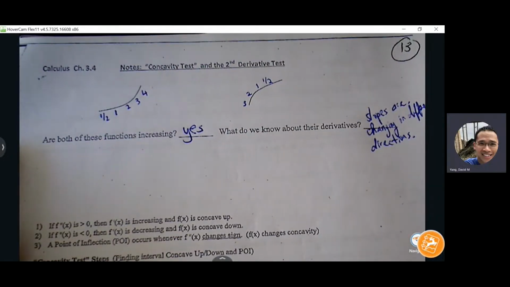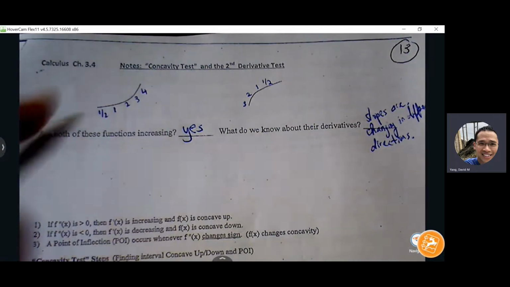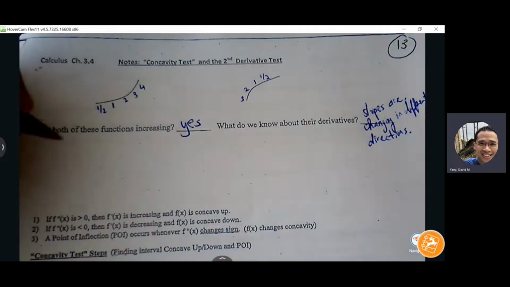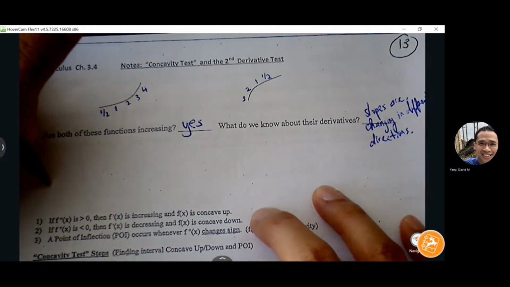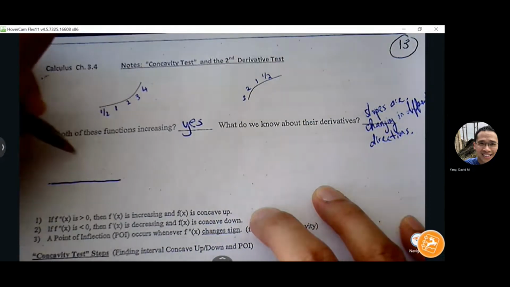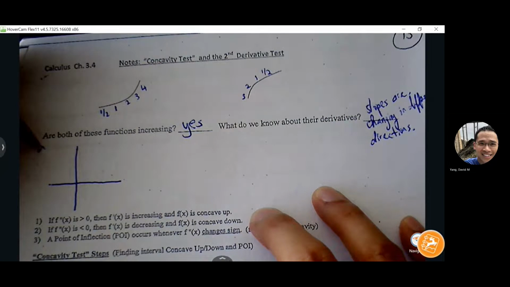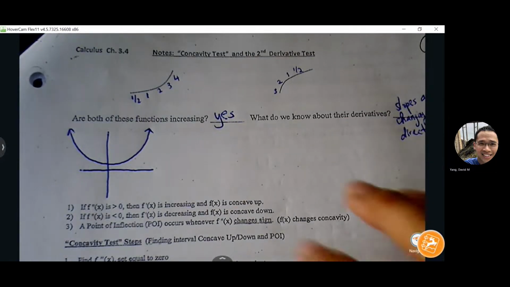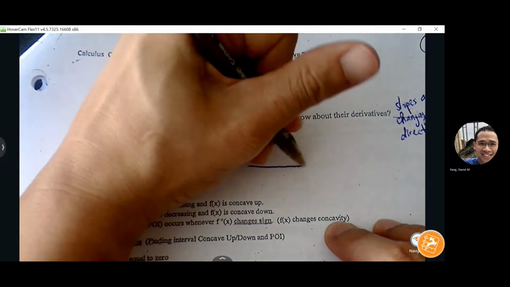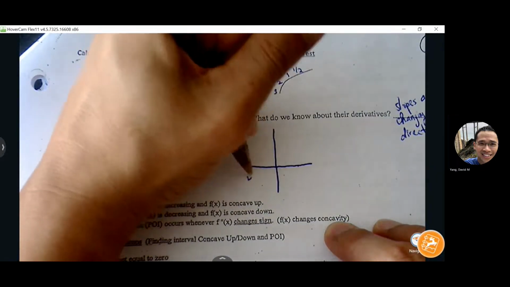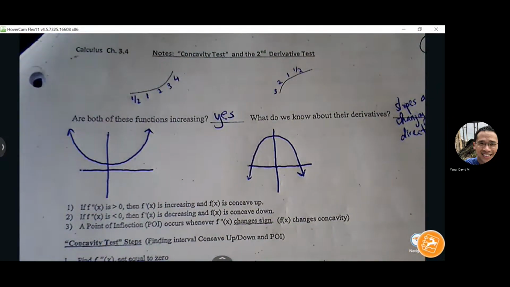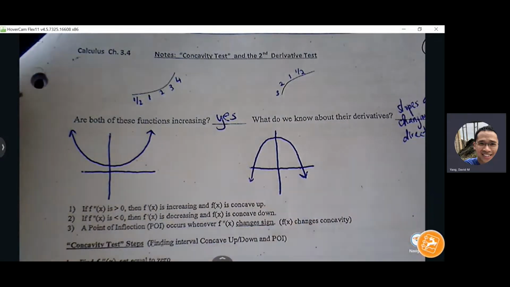So this is leading us into the topic of concavity, which is talking about the curvature of the graph. I want you guys to draw these two graphs here. This is what we call a concave up graph.